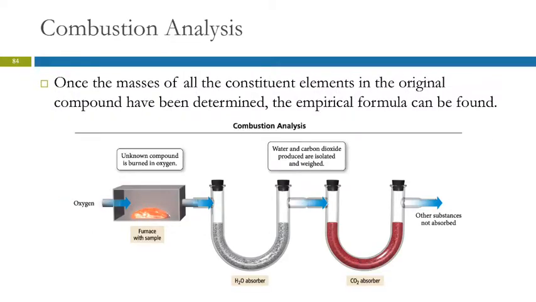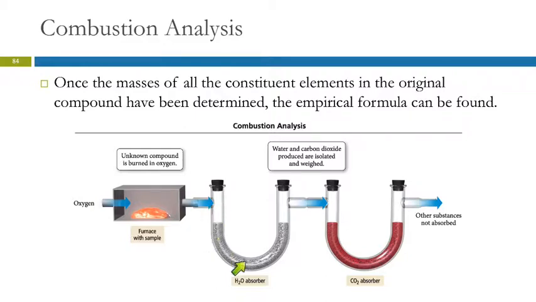So this is an illustration of how combustion analysis occurs. You've got a furnace. You put your sample in there. You would weigh it before you put it in there. Oxygen streams in here, and this is heated so that it burns. So it combusts, it reacts with the oxygen. When compounds containing carbon, hydrogen, and or oxygen burn, they always form CO2 and H2O.